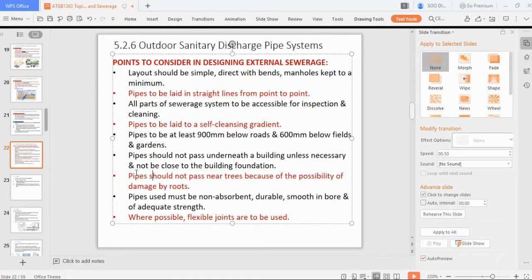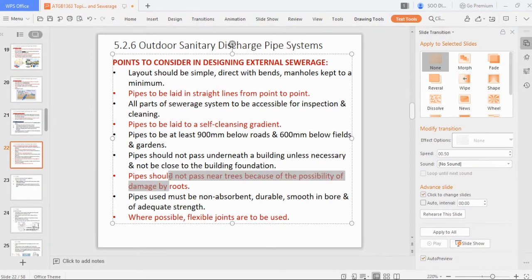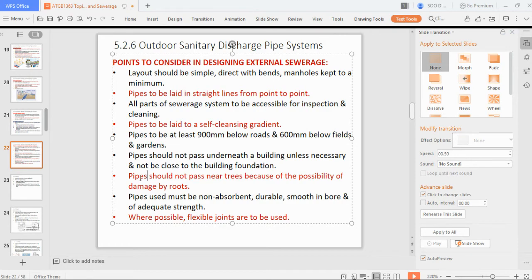So if you were to build our pipe near the tree, then the roots will try to grow towards it, and they will try to destroy the pipe to get all this good stuff inside. Which is not good for us, because once the roots go near the pipe, they will start to try to penetrate into the pipe and cause all the waste to just flow out from the pipe.